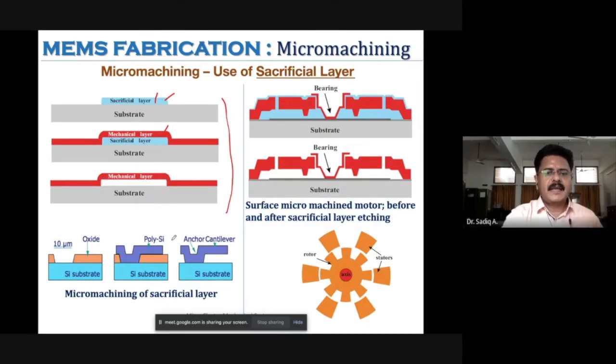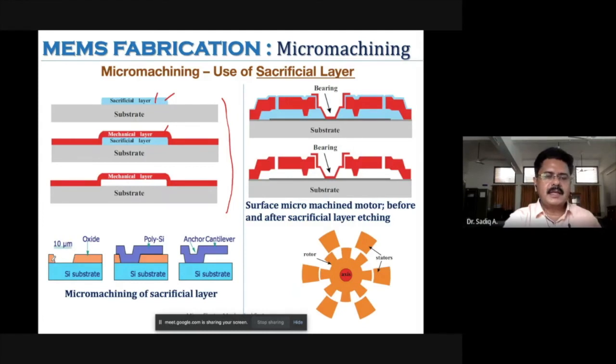Here is another example of using a sacrificial layer to get a micro level cantilever beam. This is a beam we had to fabricate in the micron scale. For that, again, on the substrate, an oxide layer is deposited initially as a sacrificial layer, and a particular region of that layer is removed by exposing and washing.